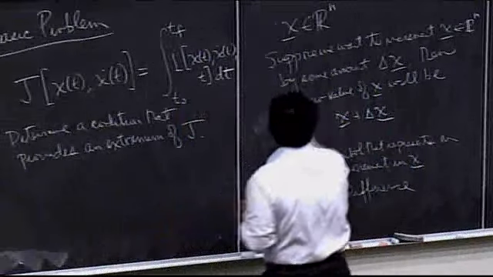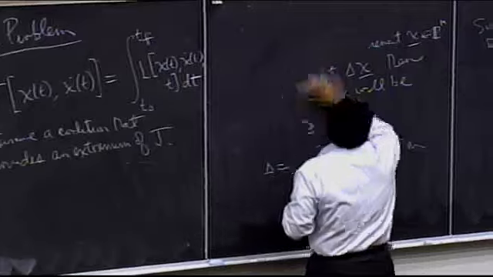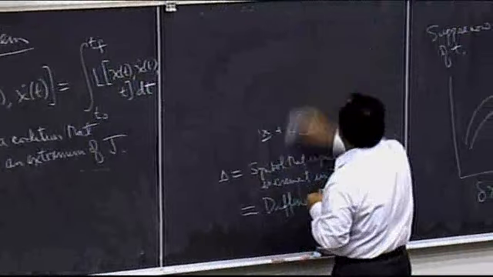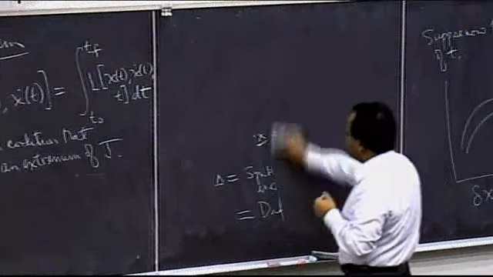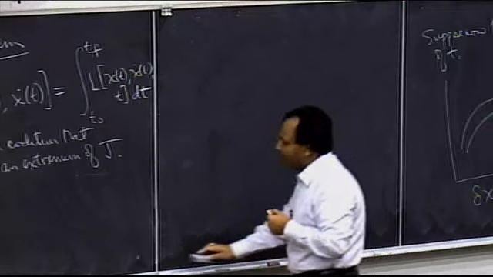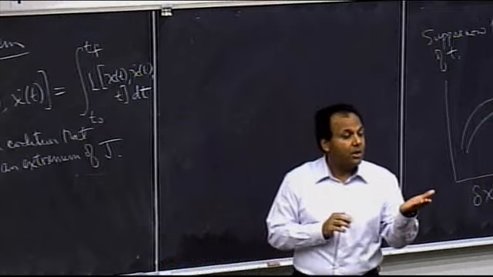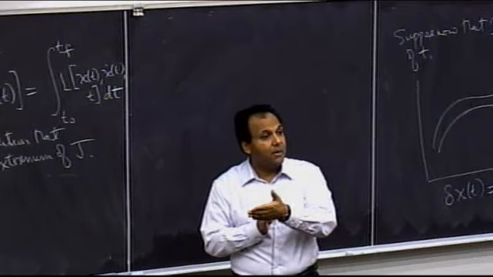So we have to do a couple of things here. The first thing we do is somehow perturb that functional. In ordinary calculus, we'd set the first derivative equal to 0 and then solve.